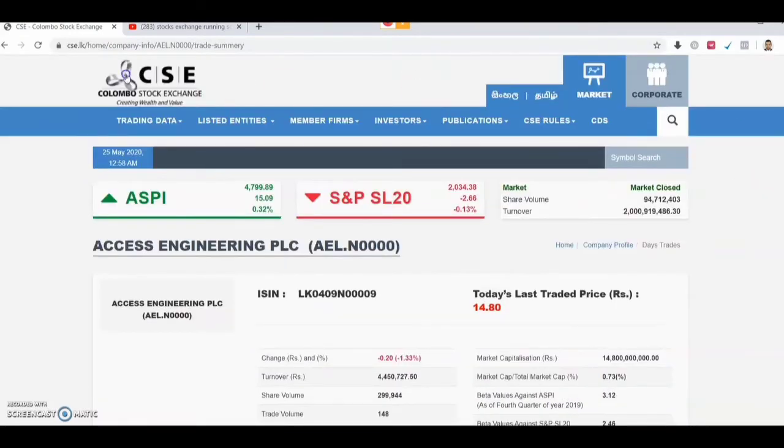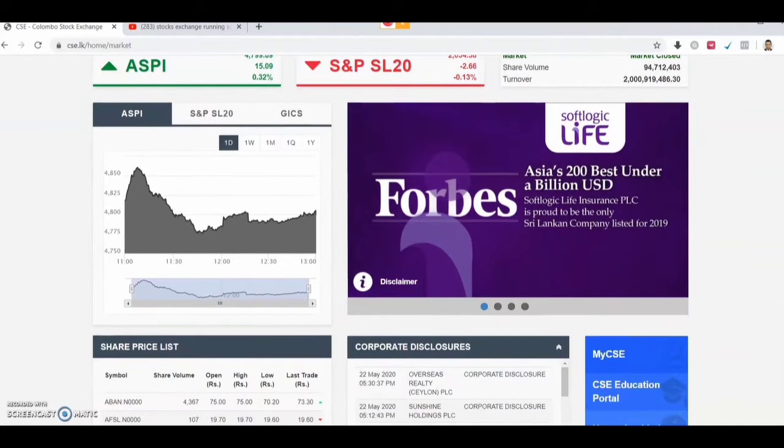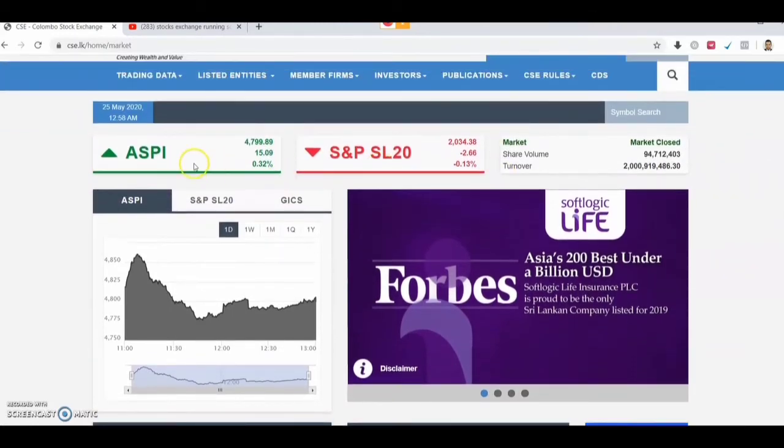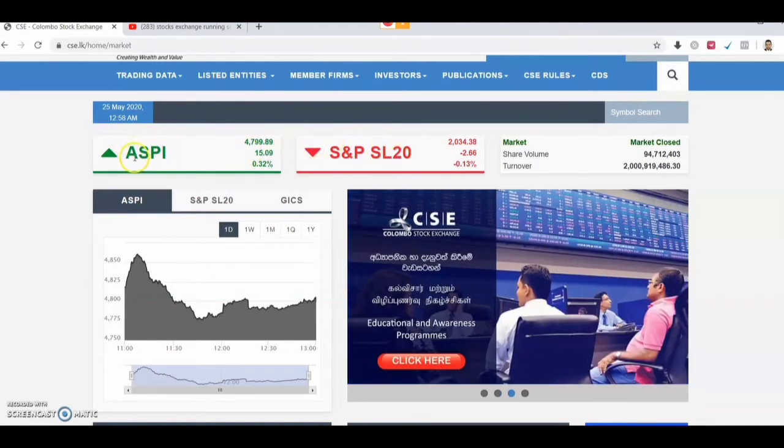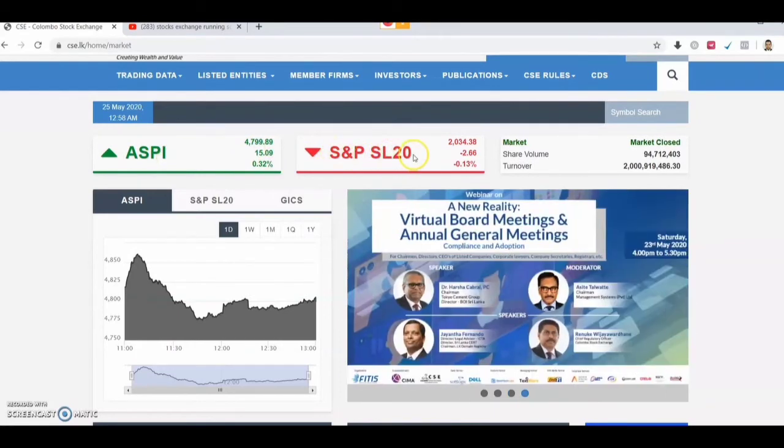Moving on to the home page, this is ASPI. Everyone knows that the Colombo Stock Exchange uses an index-based pricing method, and we have 2 kinds of index. One is the All Share Price Index, known as ASPI, and the other one is the S&P SL20.